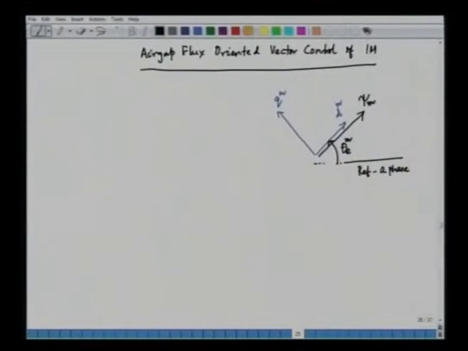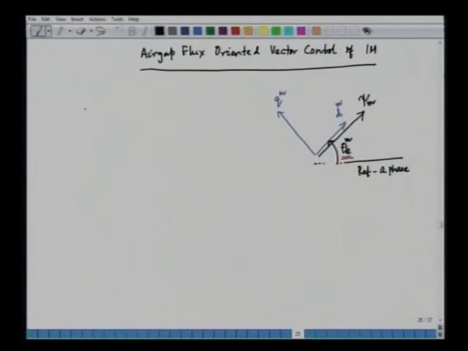They are all rotating synchronously in space. The relative velocity between all of them in the steady state is 0, but they subtend different angles with the phase A axis of the machine. So, this angle, the angle of the air gap flux vector, is theta e, which is different from the angle of the rotor flux vector.